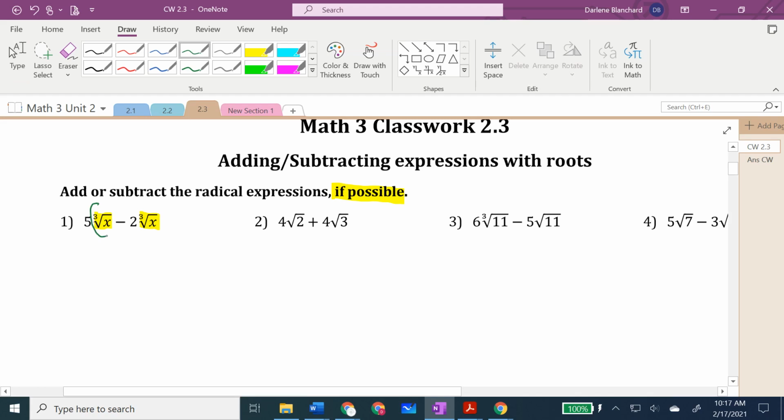My variable expression is the cube root of x. Yep, that's part of it.